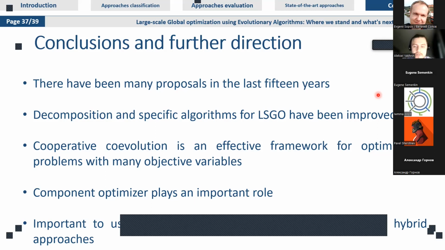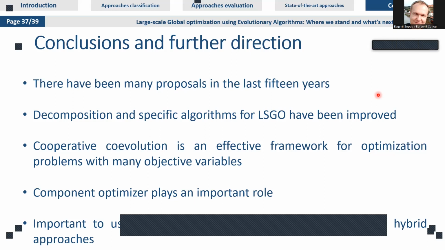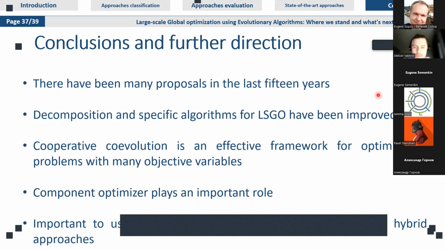And it's very important to look at hybrid algorithms, because as we can see, most of the leaders use some hybridization, which uses the principle of exploration and local searching.